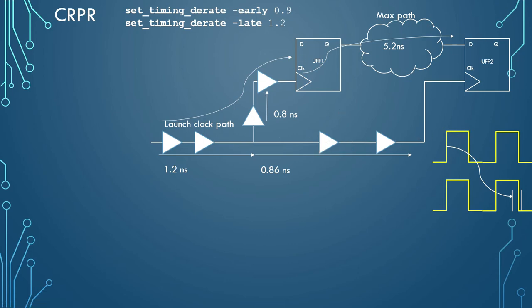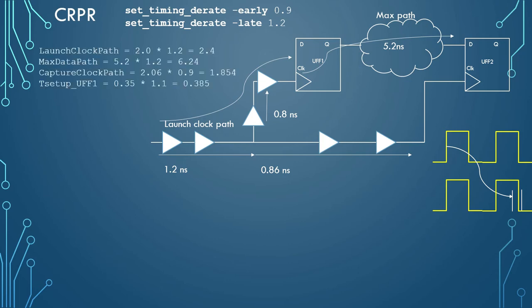Now with derates applied, the launch clock path will become 2.4 from 2.0. Similarly, all other values, that is the max data path and other values, will get degraded by 20% in the max path, and it gets degraded by 10% in the capture clock path. Degraded in the sense that this will get pulled and this will get pushed. So the max path gets pushed and the early path, that is this capture path, gets pulled.